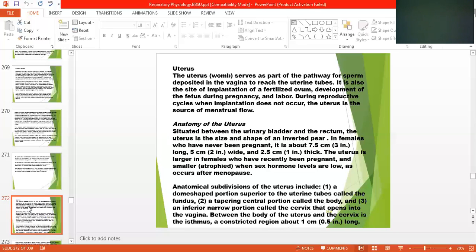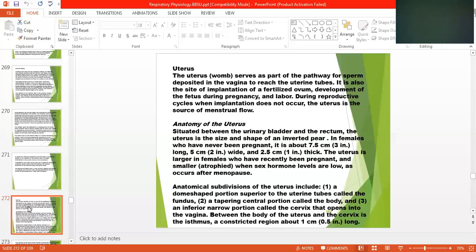And it is smaller at the time of menopause, when the secretion of estrogen and other hormones stops. So there is atrophy of the uterus.